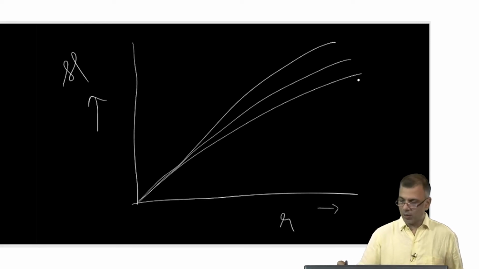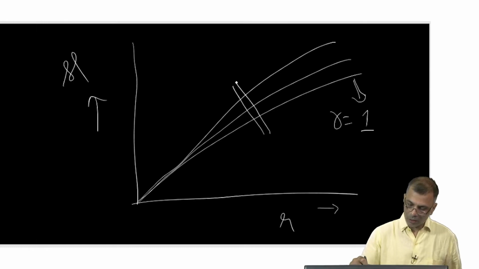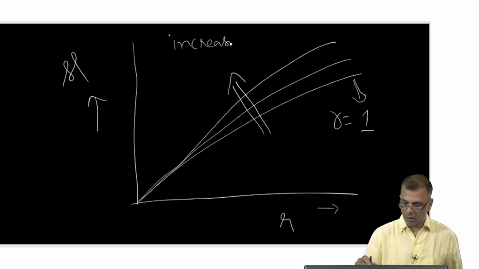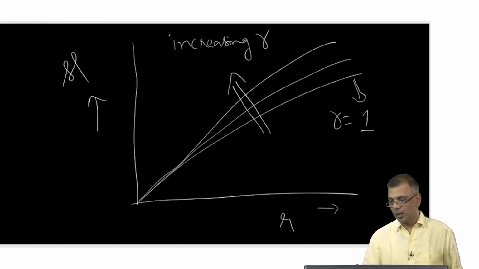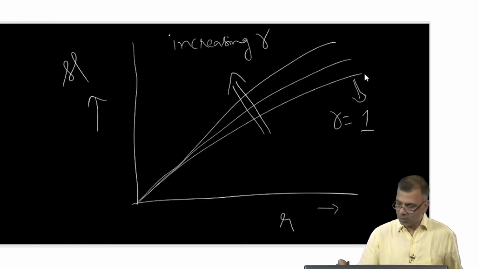For instance, this would be gamma equals 1, okay, this curve, and in this direction you would have increasing gamma. Okay. So, this would be the isothermal, this is the original Parker wind solution.